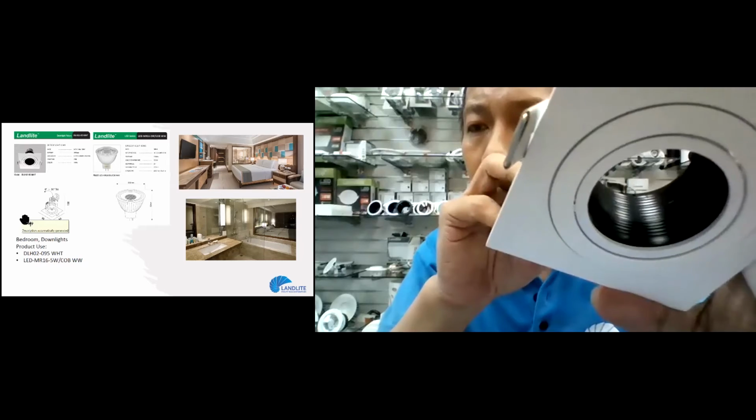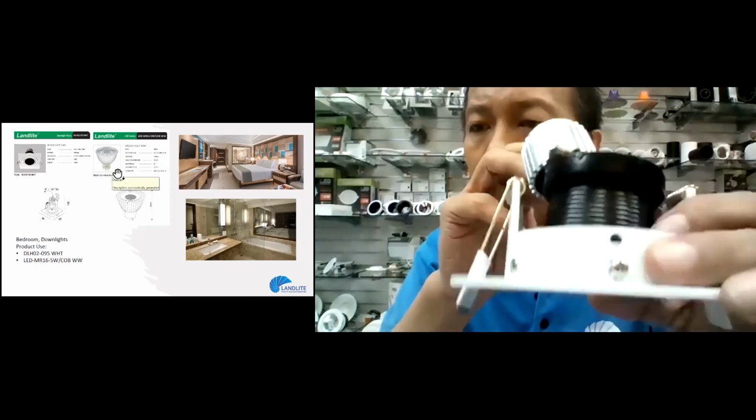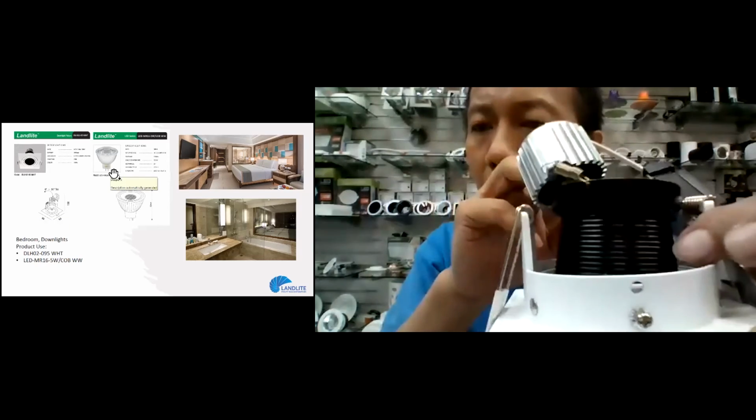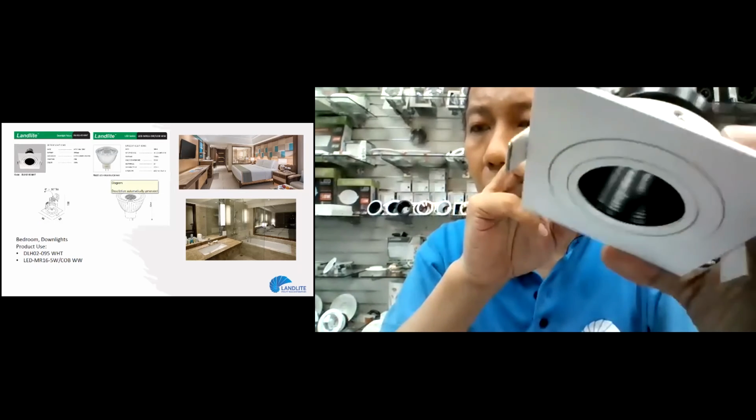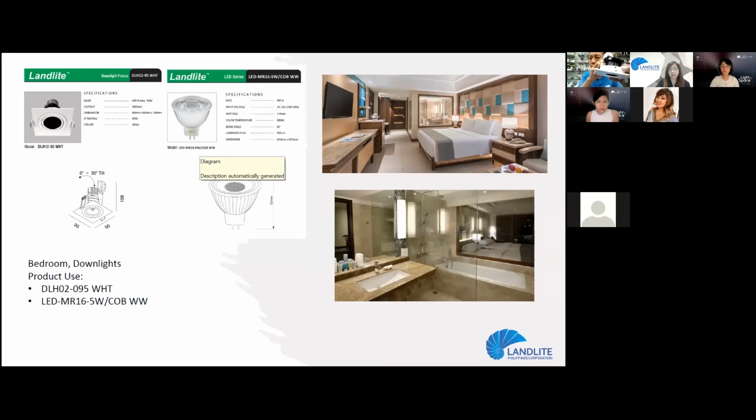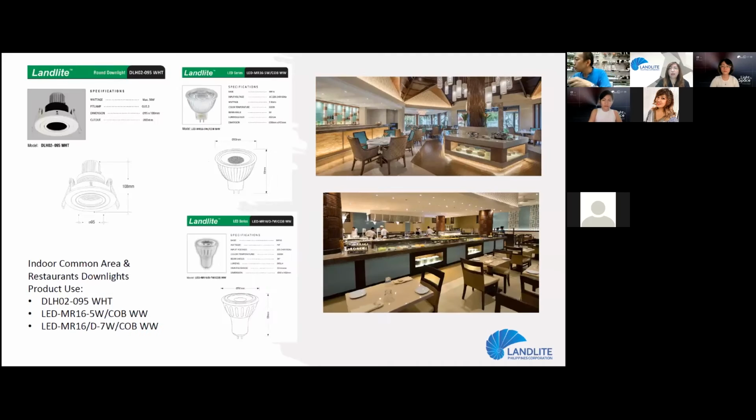Now, they use 5 watts for the rooms, no? So, almost lahat ng hotel rooms ni Henan, itong ginagamit niya. Ang choices niya lang sometimes would be round or square. Now, for the common areas naman, the restaurants, they use the same baffle type but bilog.